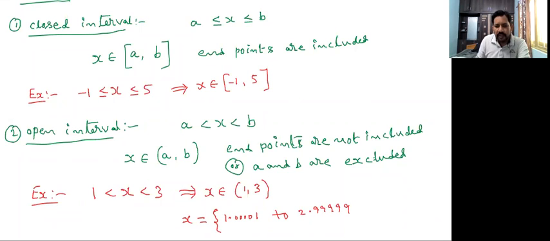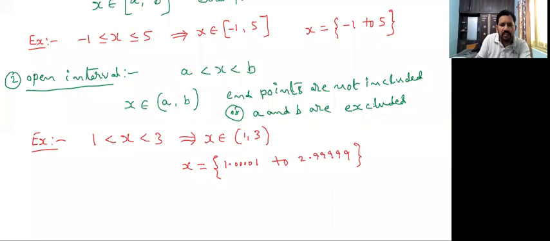But in the closed interval, x belongs to -1 comma 5 means x values can be taken from -1 to 5. So in the closed bracket, -1 and 5 are included, but in the open bracket, those numbers cannot be included. In-between values we can take. Students, have you understood?